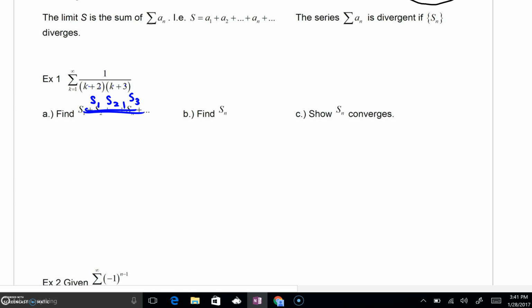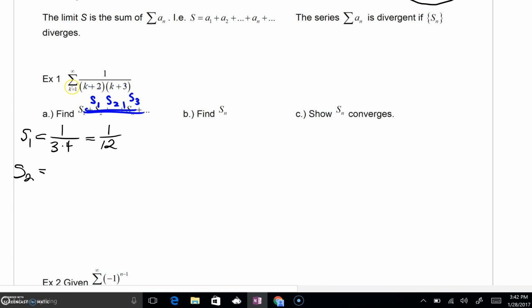They're asking us to find what s sub 1 is, which is just the first term. When we let k equal 1, we get 1 plus 2, which is a 3 down here, and 1 plus 3 turns into a 4. You can see pretty quickly that this is simply 1 over 12.